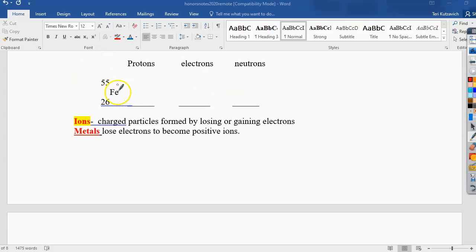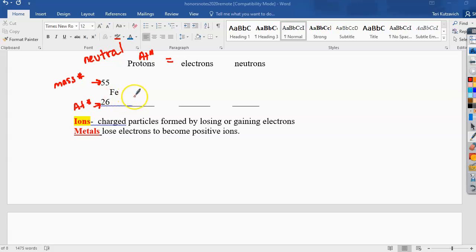This is neutral. How do we know it's neutral? Because there's no charge after the ion, so that means your protons equal your electrons. Remember, this top number is your mass number, and this bottom number is your atomic number. The atomic number tells us the number of protons, and since protons equal electrons, we can also say the electrons equal the atomic number in neutral substances.